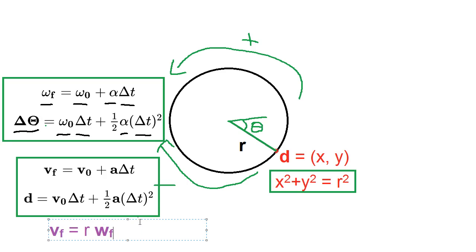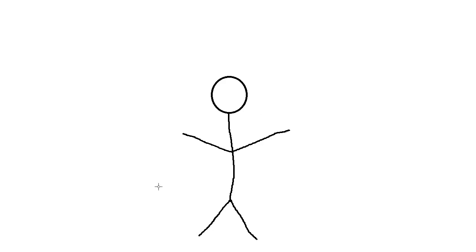Now, there is a reason why we study the system in general, and that's simply because it shows up a lot, like all the time. And for the life sciences, probably the most striking example of this system is if you're dealing with the limbs of something. And what I mean by that is if you take a look at a person, typically speaking, they have limbs, so we're just going to remove this person's arm, right? Not exactly the best surgery, but we'll take a look at what happens.